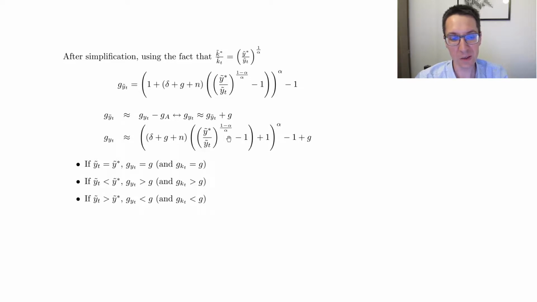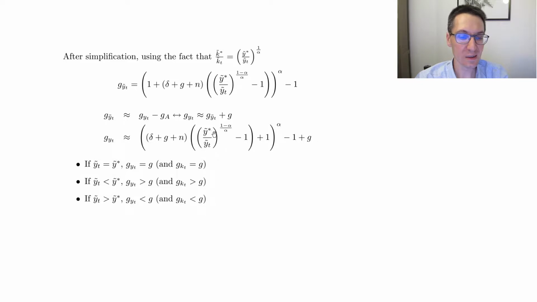So I get 1 minus 1, 0. So I get 1 inside the parenthesis. 1 to the alpha is 1. So I get that this growth rate is going to be equal to g. We already knew that. So that's what I wrote here. And by the way, the growth rate of capital per worker is also going to be g.